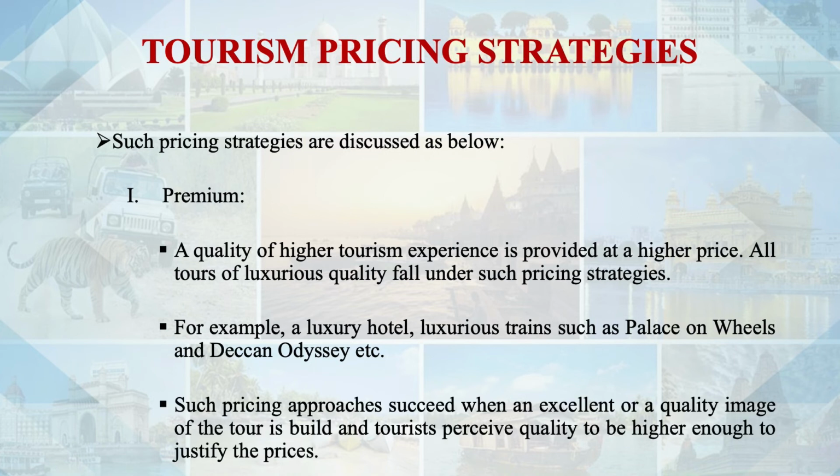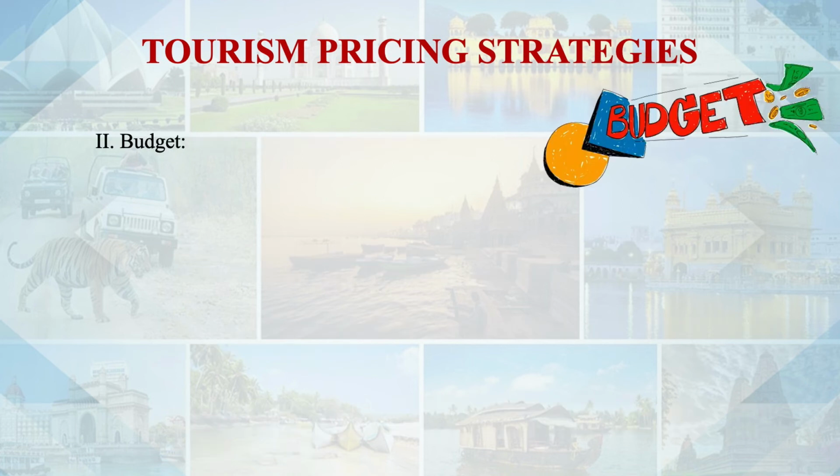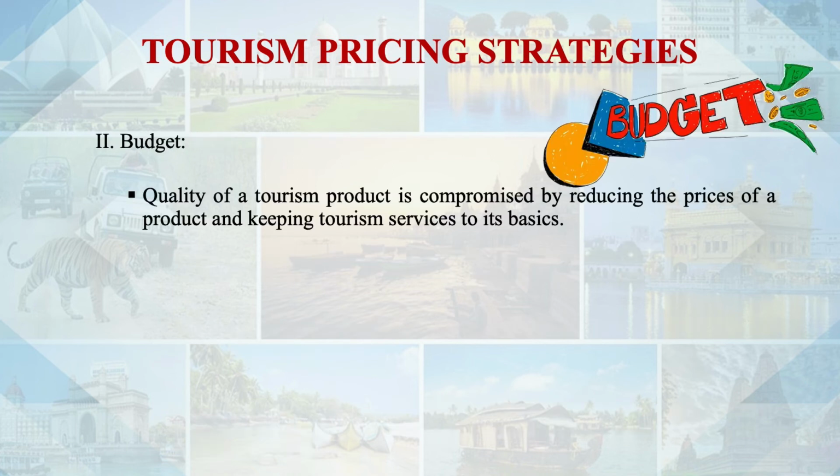Such pricing approaches succeed when an excellent image of the tour is built and tourists perceive the quality to be high enough to justify the prices. Second is budget. The quality of a tourism product is compromised by reducing the price and keeping tourism services basic.